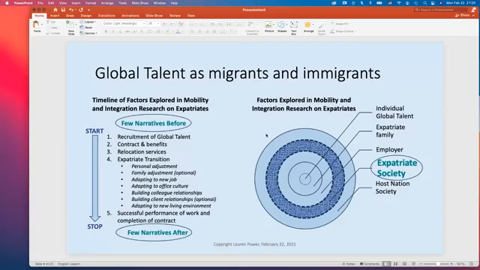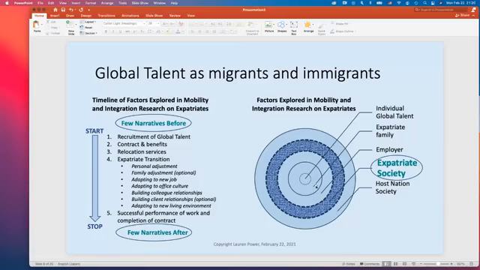In addition, we can see that mobility and integration research on expatriates focuses on these different narratives. Most intimately is the individual global talent themselves. How are they dealing with these stresses? How are they adapting? How are they performing their job? What kind of motivators do they take in order to do their work or take the contract?